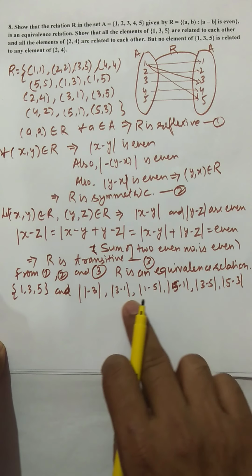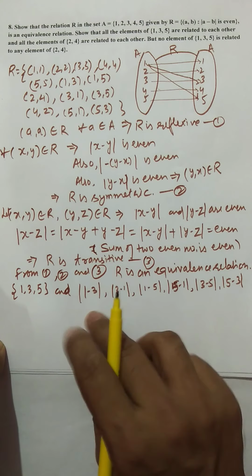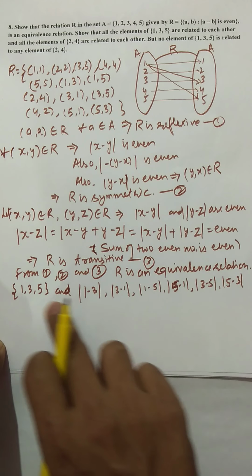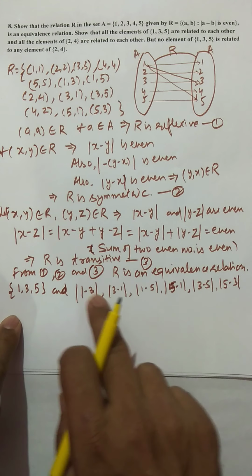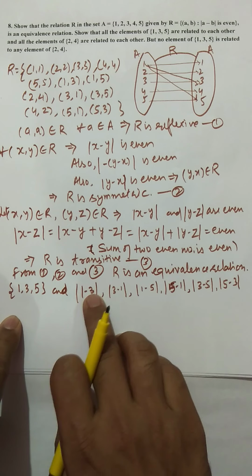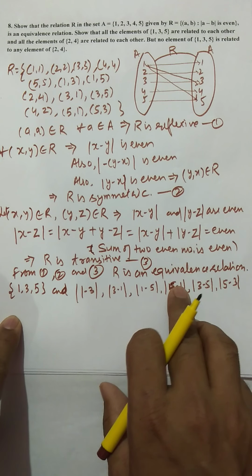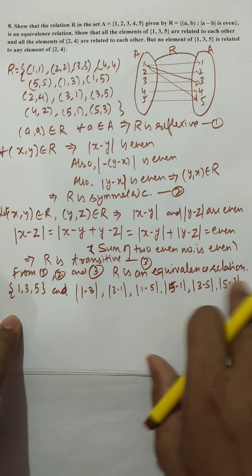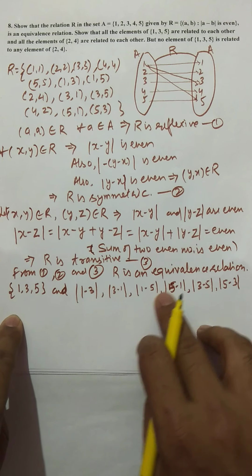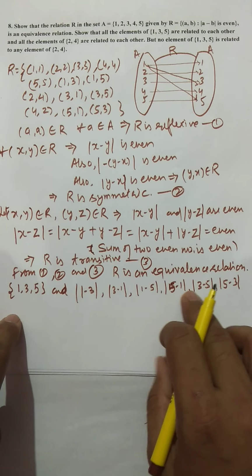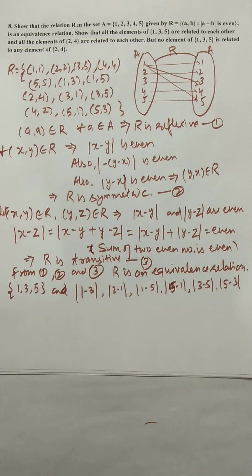They all in modulus, you can see that all are even. So all are even, it means that all elements are related to each other. We have taken 1 1, 3 3, 1 3, 1 5, 5 1, 3 5, 5 3. So all the possible combinations have been taken.